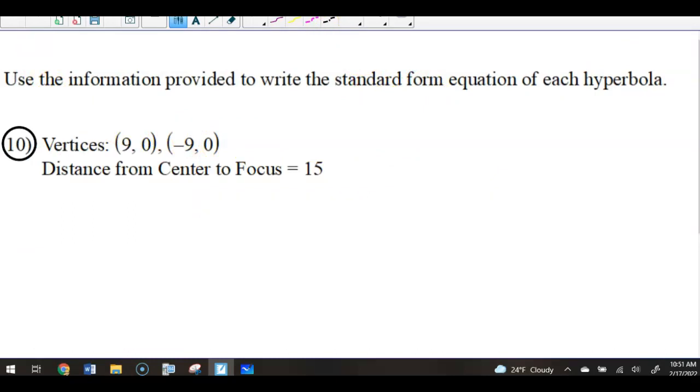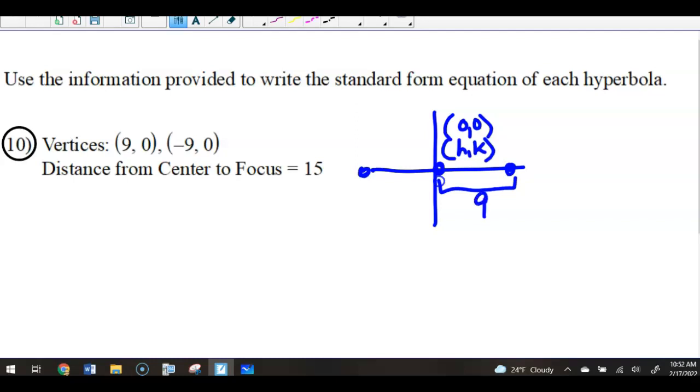This one gives you a little different information, but again, I think the center's at 0, 0 because it says you go 9 to the right and 9 to the left, and those are the vertices. So the center again is at 0, 0. And a is 9. Okay.